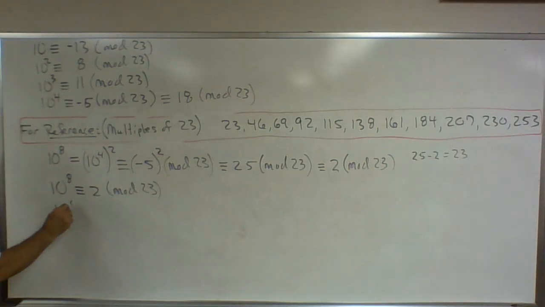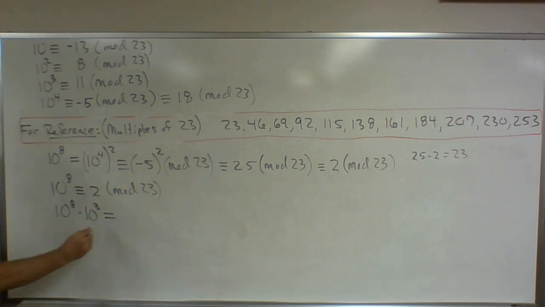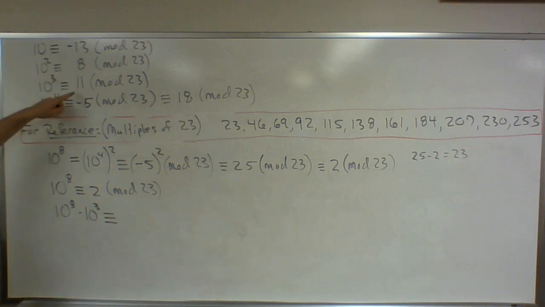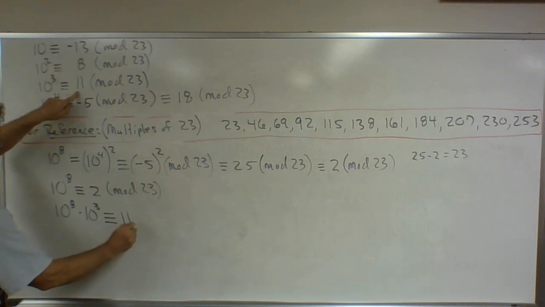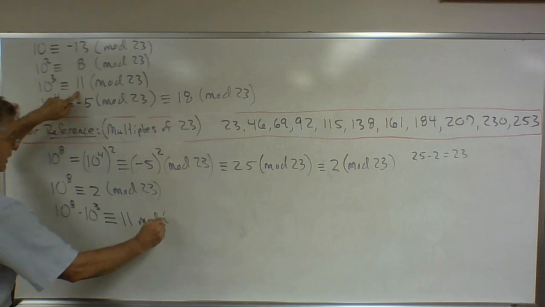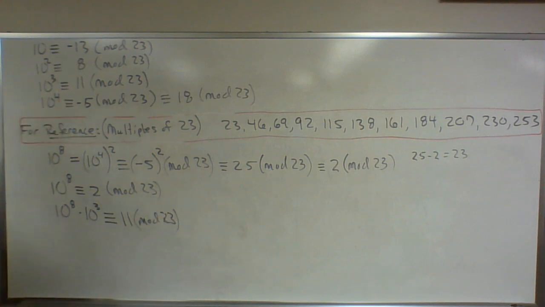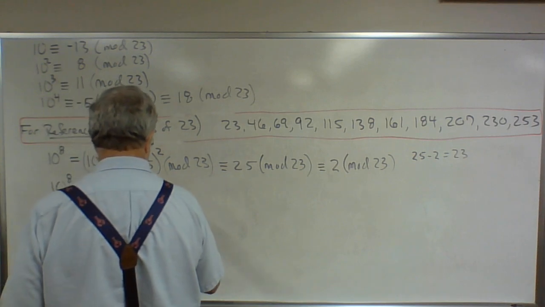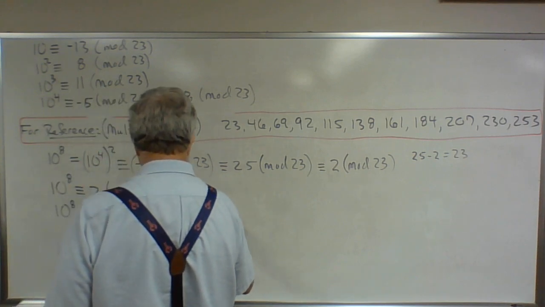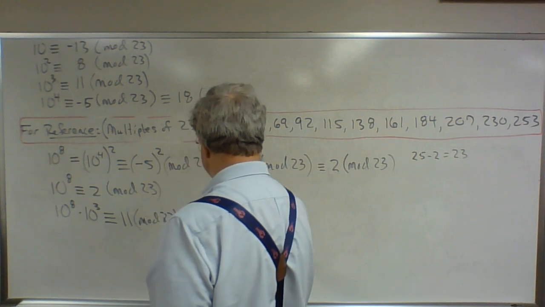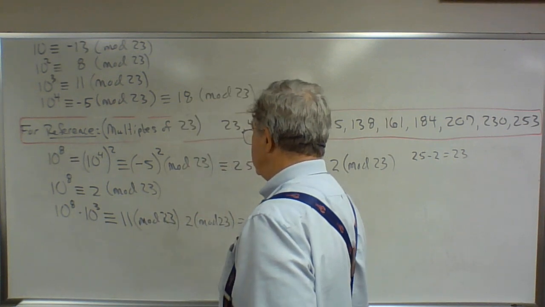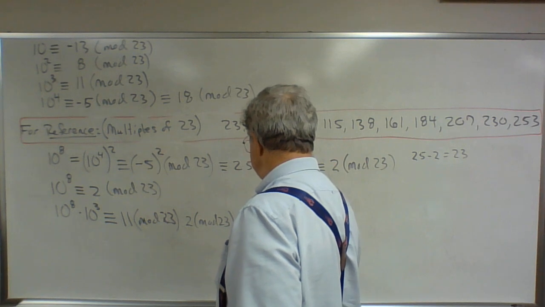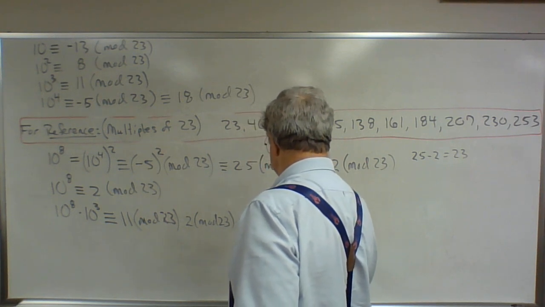I'm going to take 10 to the 8th times 10 cubed, and that's going to be congruent to 11 mod 23 times 2 mod 23. 11 times 2 is 22 mod 23.